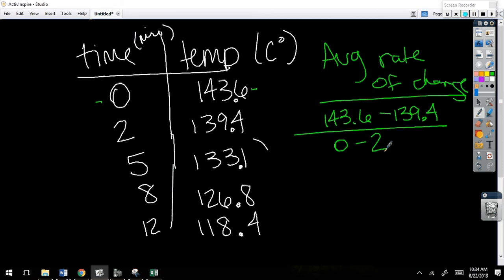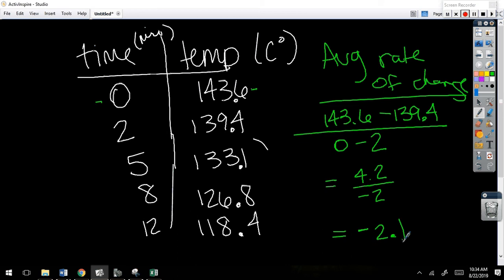So plug this in and see what happens. What do you get up top? 4.2. Divided by negative 2 is what? Negative 2.1 what? Celsius.